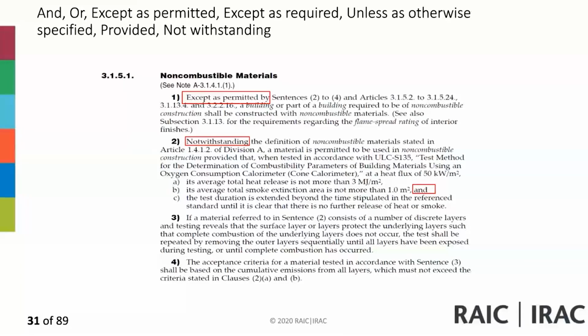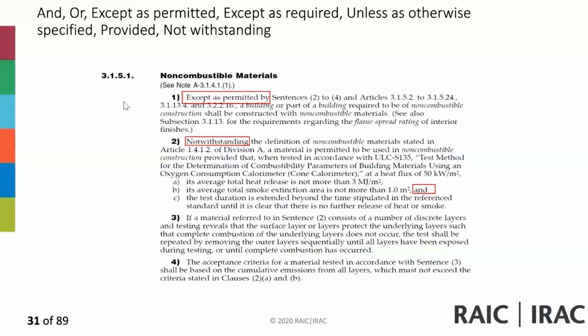No, it's not enough, because you want to make sure that the heat flux is 50 kilowatts per meter squared per S135, that the total heat release is not more than 3 megajoules per meter squared, that the smoke extinction area is not more than 1 meter squared, and that the test duration kept going until there's no further release of heat and smoke. So this is where the code goes beyond the standard and the code prevails.